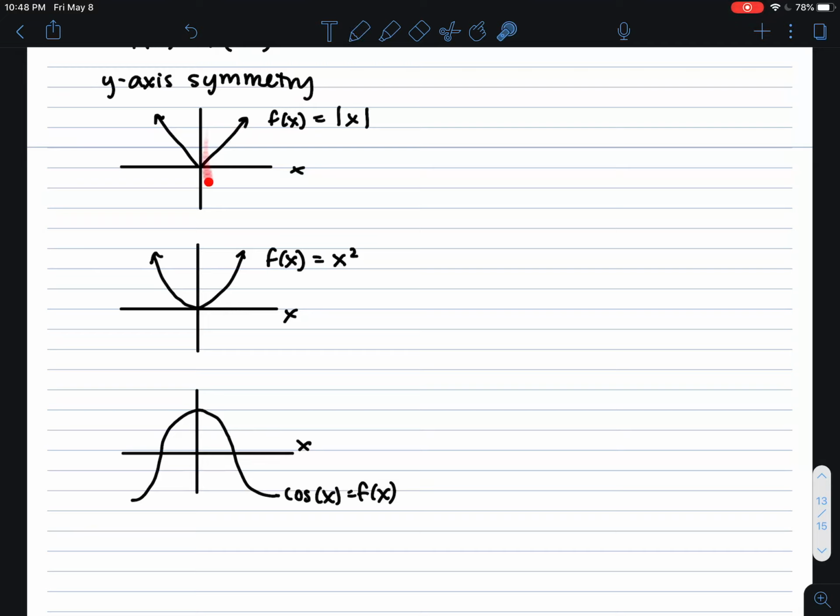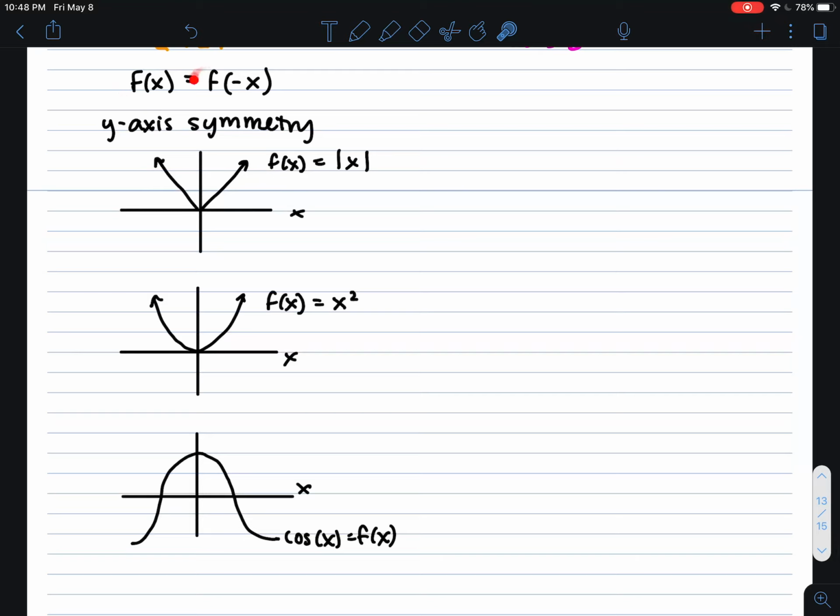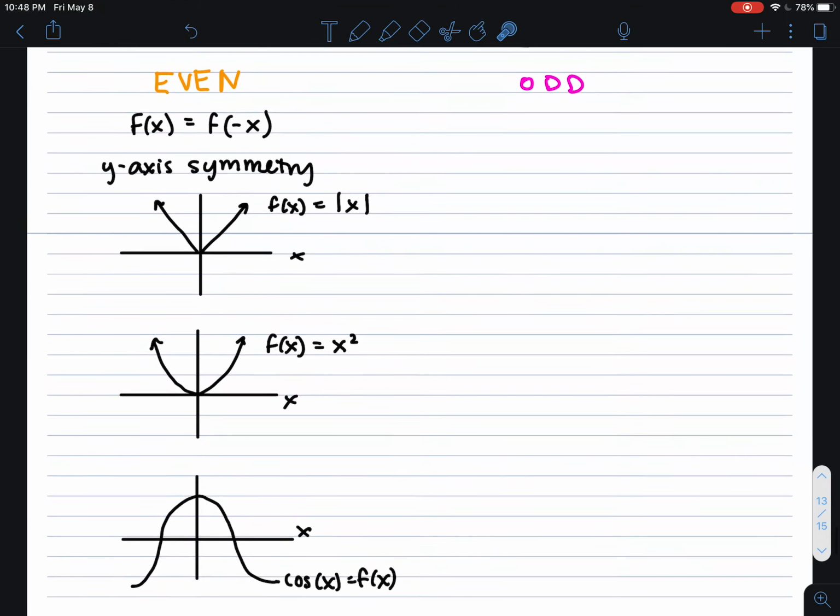If we flip across the y-axis, these are the same, so we have y-axis symmetry. What it's saying with f of x equals f of negative x is that the values for our function on the right-hand side are the same as the values on the respective left-hand side. So if we go over, say, 2, that's going to have the same value as if we go negative 2.